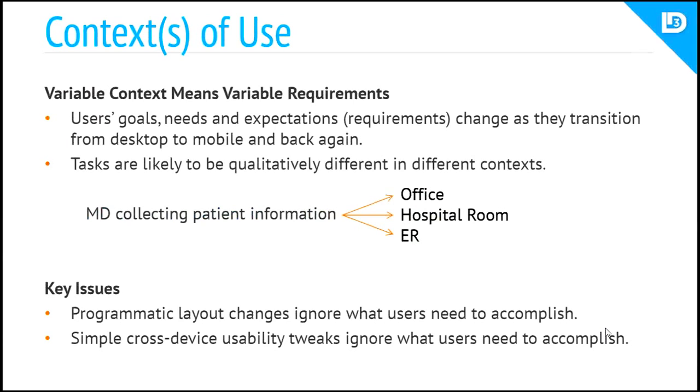For instance, there is electronic medical record, electronic health record software out there, and it has all sorts of functionality, but by and large, it still fails this test of usefulness because it doesn't recognize the fact that the users of this software have different requirements as they move from place to place.